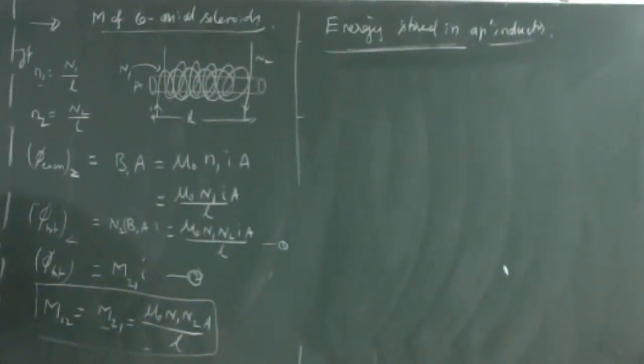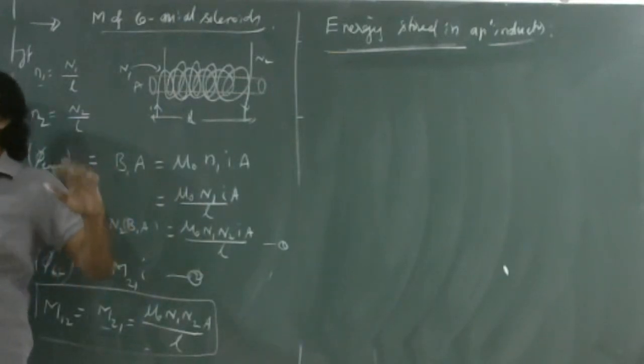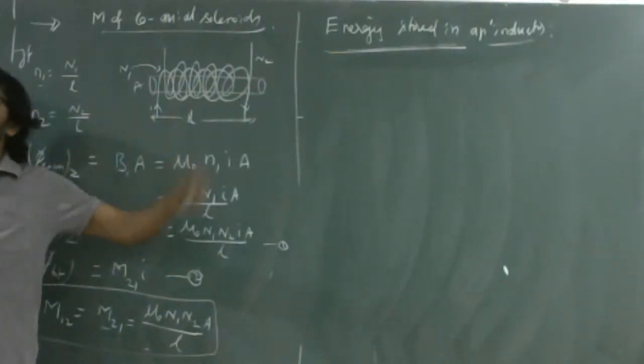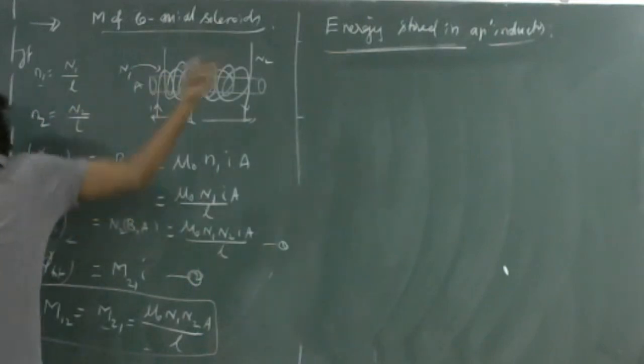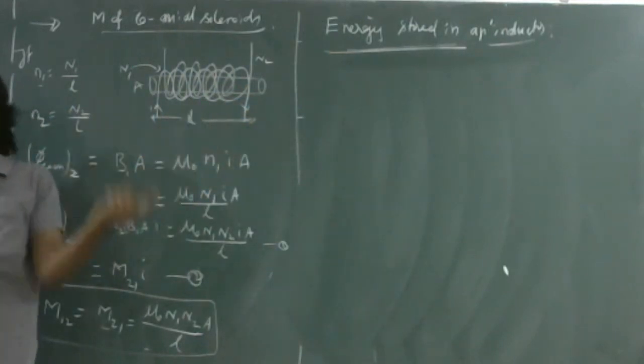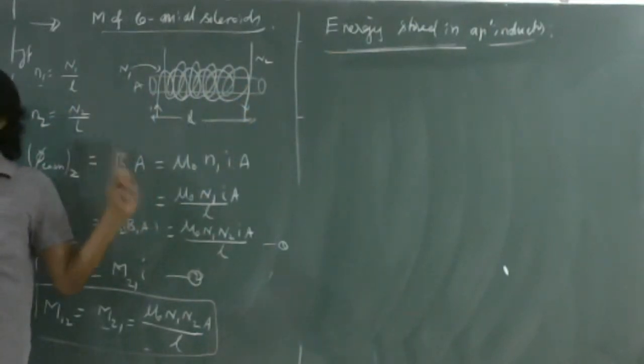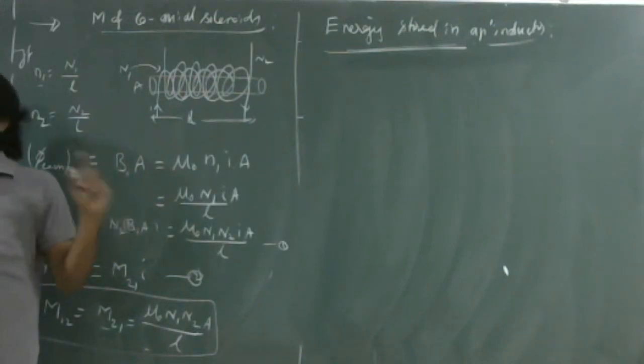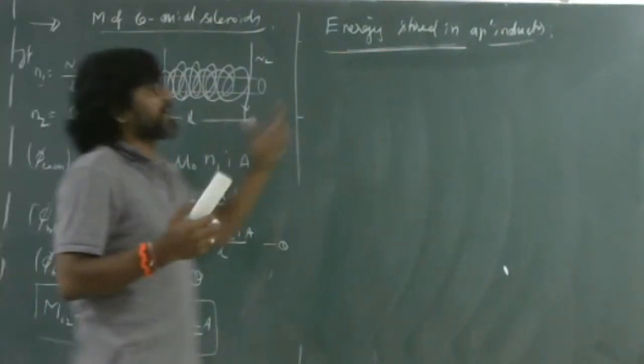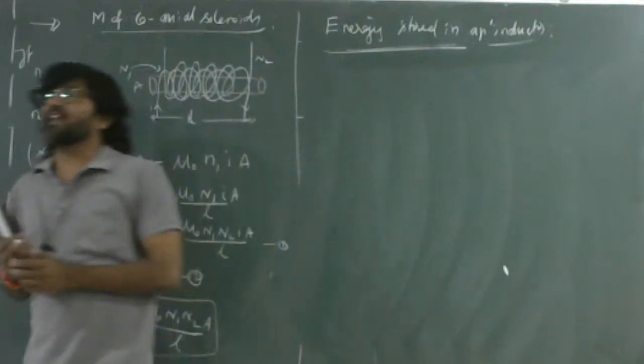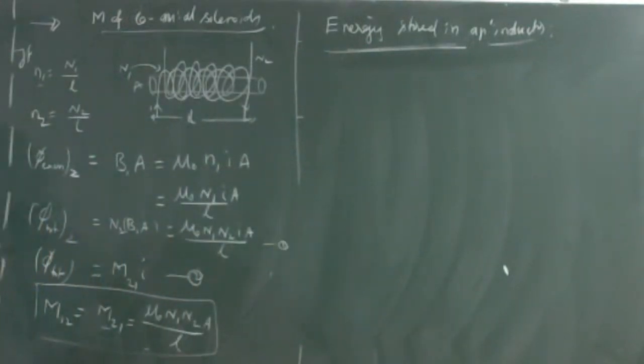The solenoid will have some self-inductance. If the self-inductance of a solenoid is a larger value, then the solenoid can be treated as an inductor. So solenoid and inductor both are the same, right? Provided the self-inductance is predominantly larger in value. That's it, right?